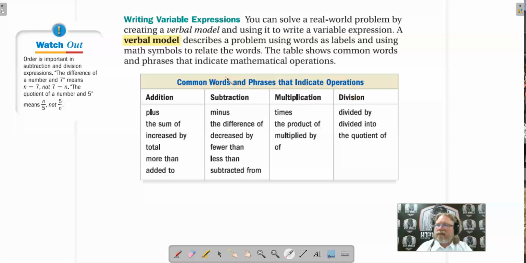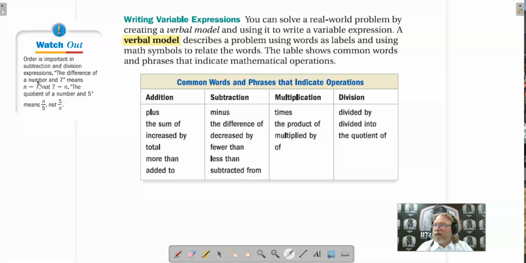All tables should have a title, so our title for our table here is common words and phrases that indicate operations. Our watch out over here is in regards to subtraction and division. So order is important in subtraction and division expressions. The difference of a number and 7 means n minus 7, not 7 minus n.